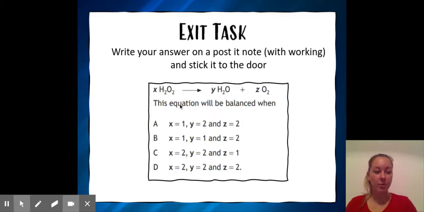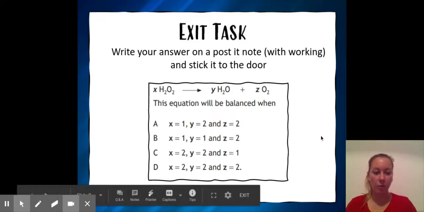So from that we can deduce that A and B cannot be the correct answer. Because if X is 1, we end up with 3 oxygens on the right hand side and only 2 on the left, which doesn't balance. So A and B are immediately cancelled out as not possible to be answers.